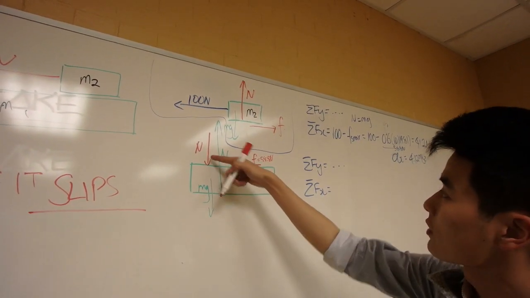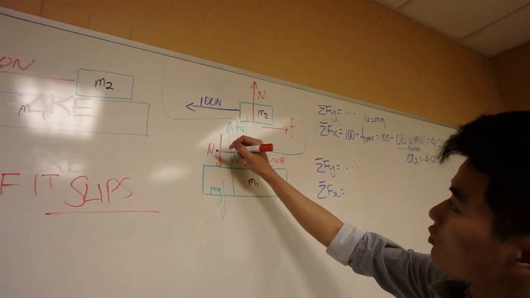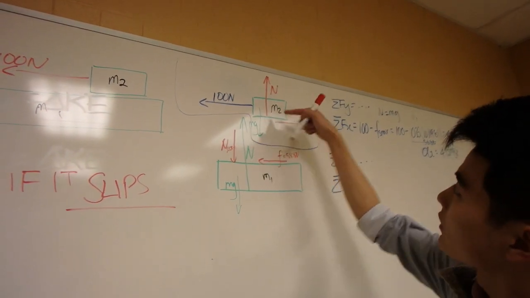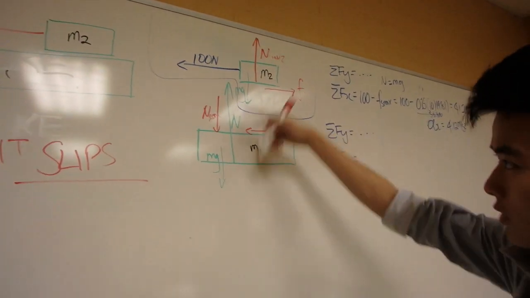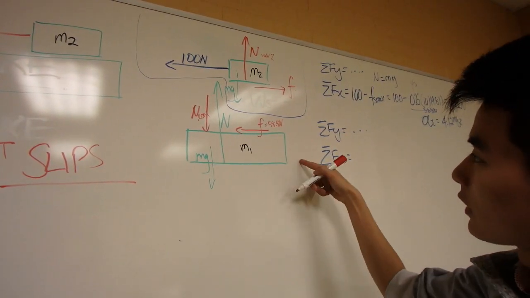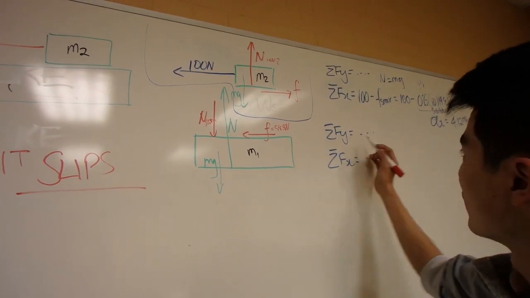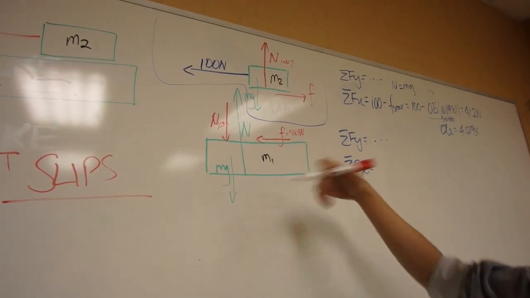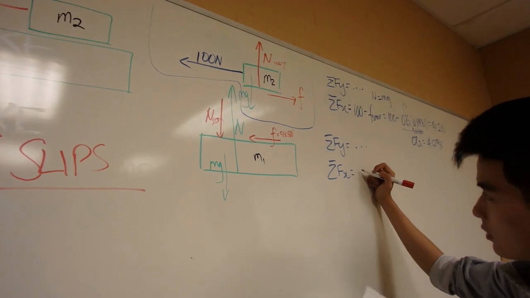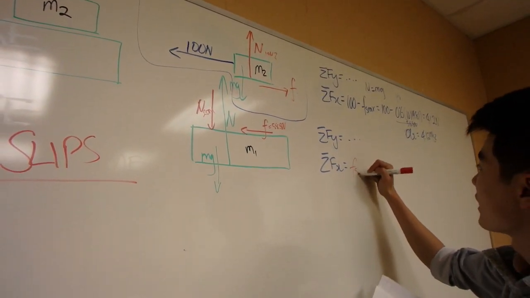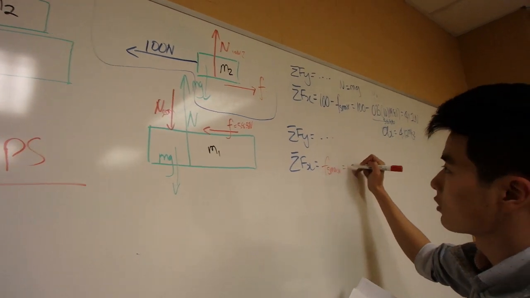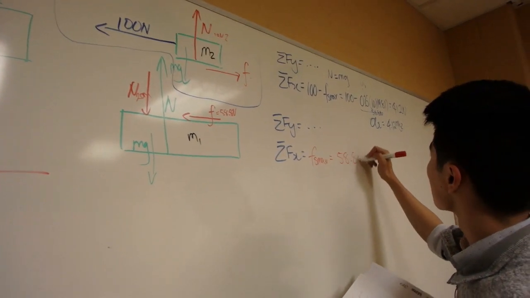The normal force supporting M2, this is N2 on 1, and this is N1 on 2, is also here, but we don't really care about the sum of forces in the y direction because we only care about the x acceleration of M1. So yes, these equations would be needed if you actually write it out, but for the x direction, all we have is sum of forces in the x is equal to Fs max, which is equal to 58.8 newtons, and we got that from there.